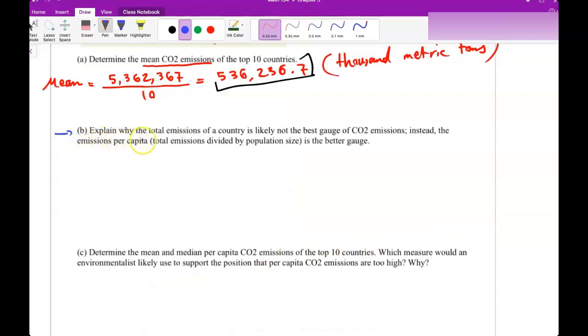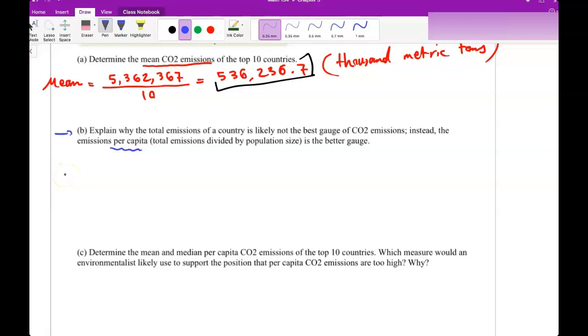Okay, now part B: explain why the total emissions of a country is likely not the best gauge of emissions, and why instead emissions per capita, or total emissions divided by population size, is a better gauge. Because per capita is better because it adjusts emissions for population. After all, countries with more people will have higher emissions.